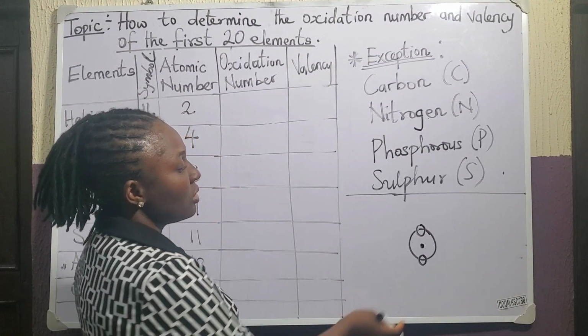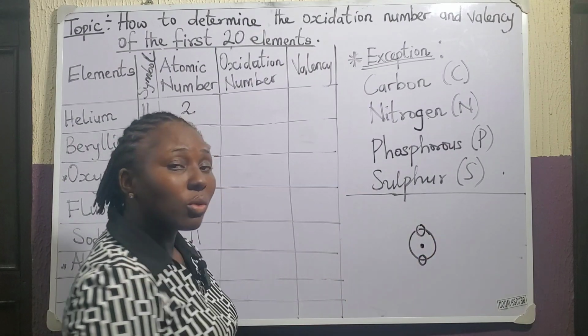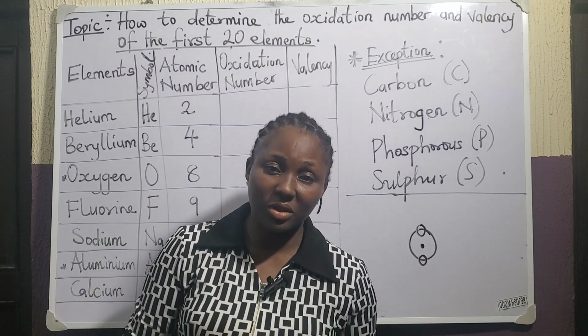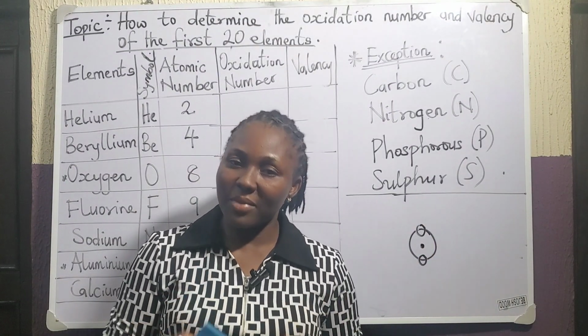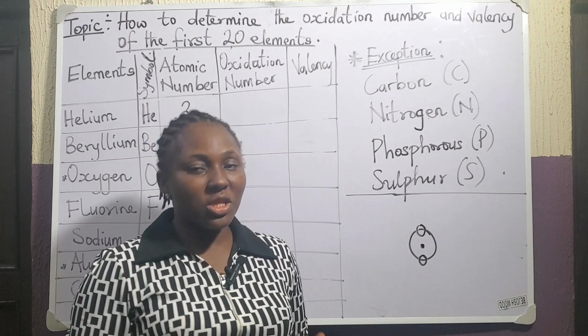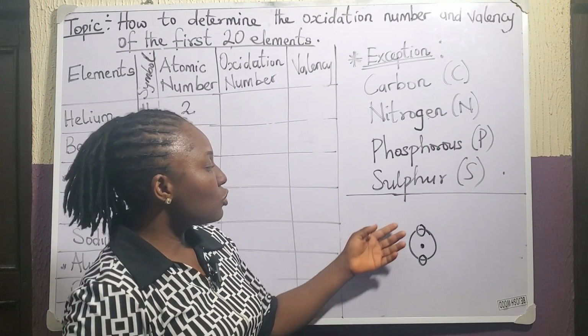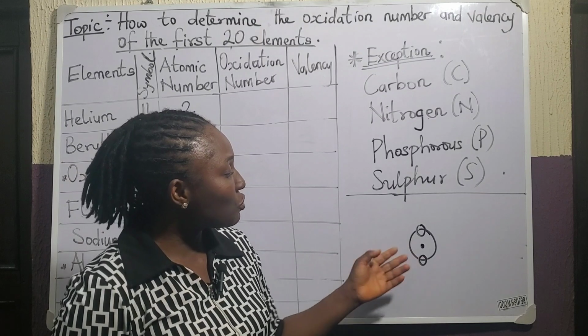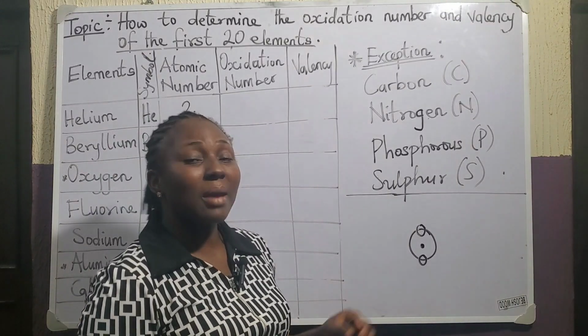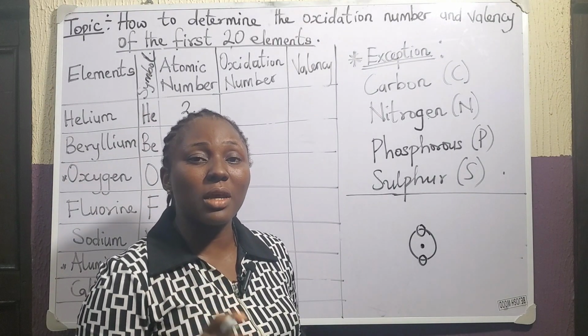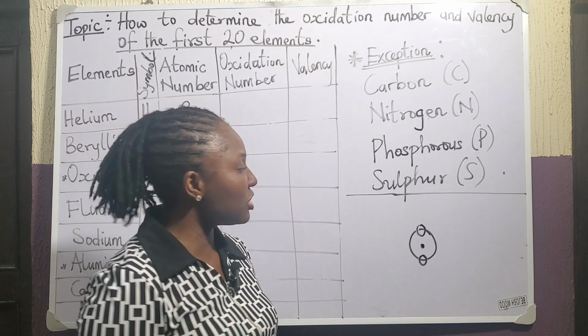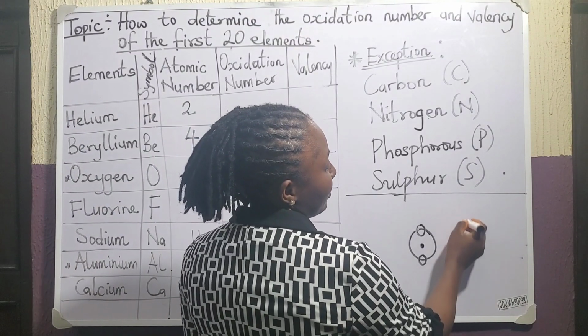Hence, looking at this structure, you ask yourself one simple question. If I am helium, which is easier for me, to lose an electron or to gain? Remember, in chemistry, when atoms lose electron, we give them a positive charge.